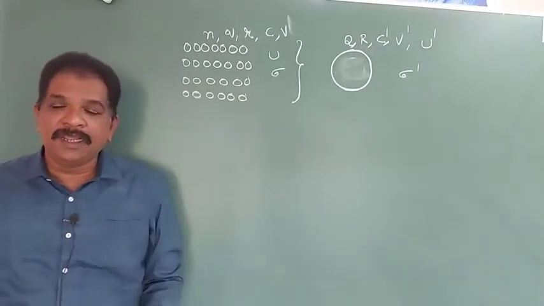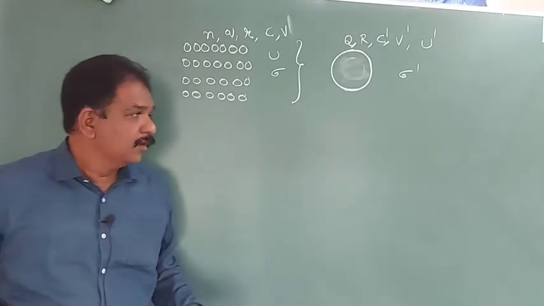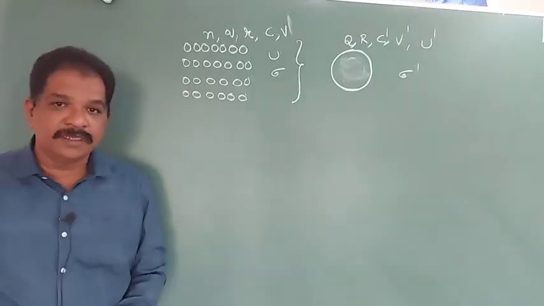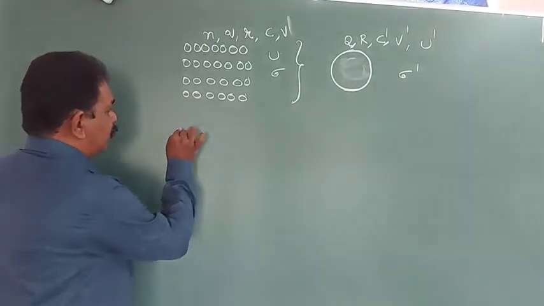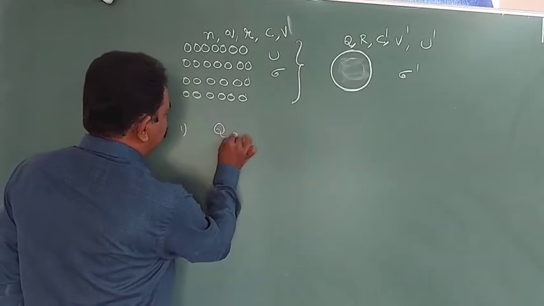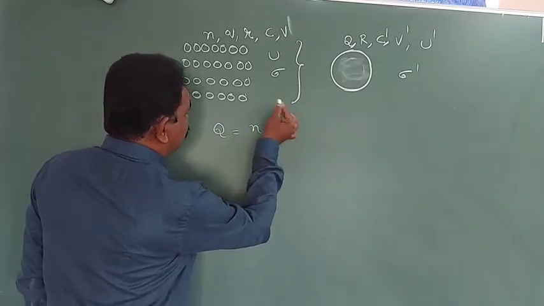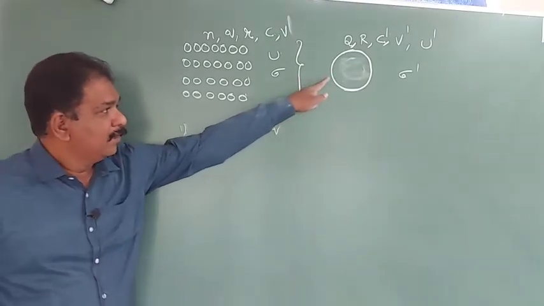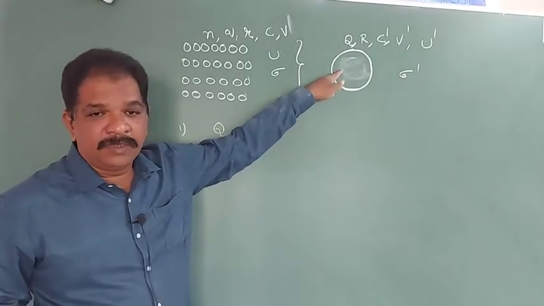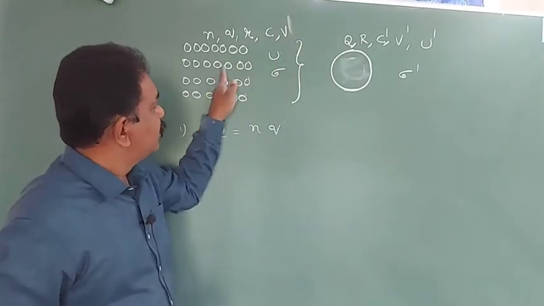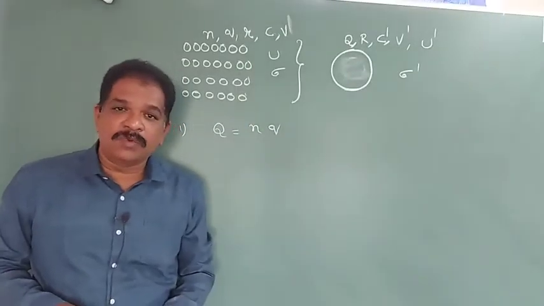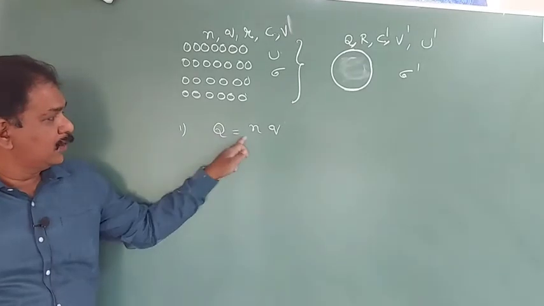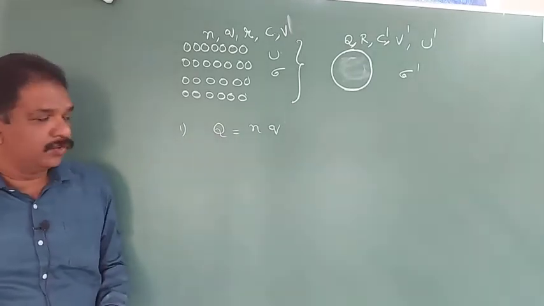What is the relation between them? Charge will be conserved. So first, capital Q is equal to n into small q. The charge on this drop will be equal to the charge of all n small drops.